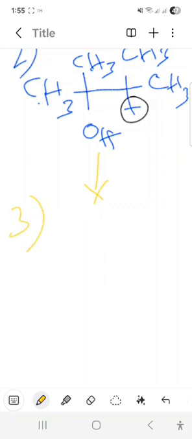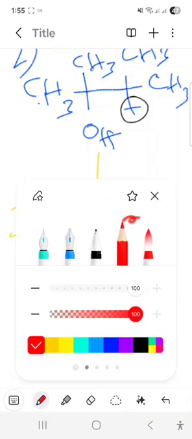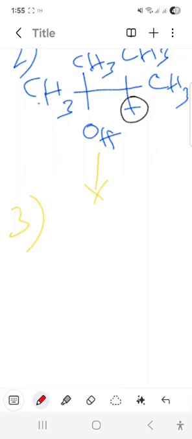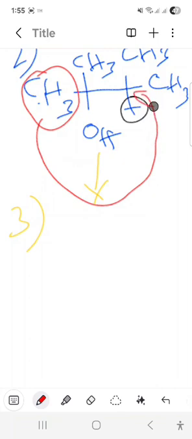the pinacol-pinacolone type rearrangement. This methyl group is rearranged to this carbon and forms the final product.